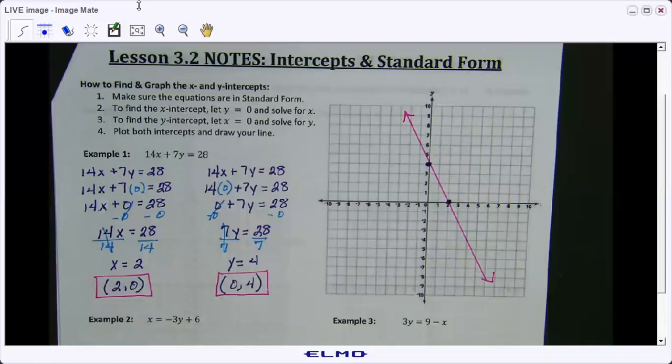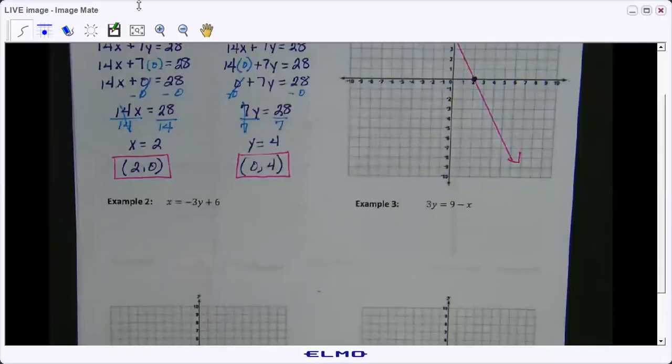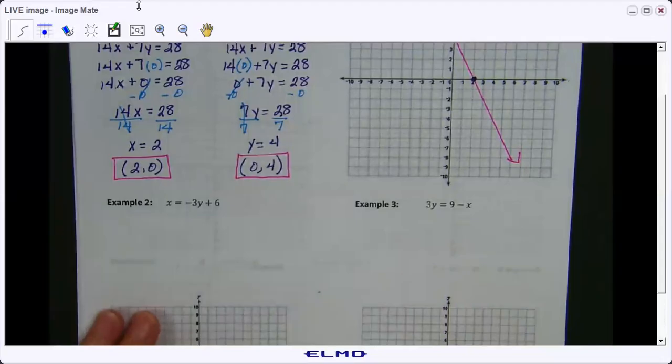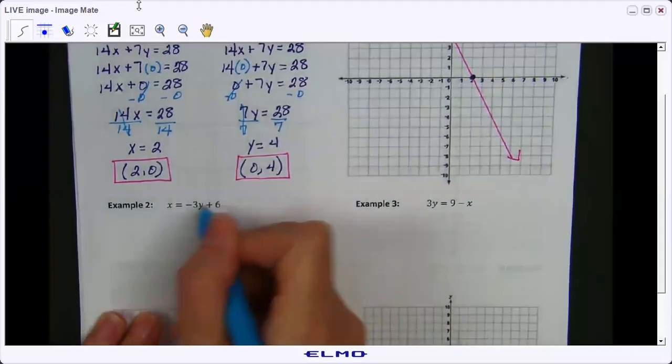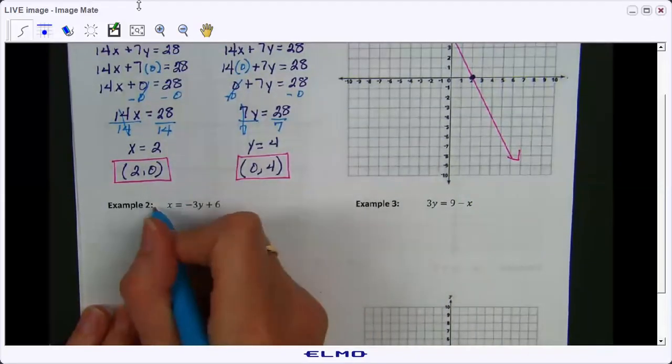All right, let's go down to example 2. Our first step tells us we must put the equation in standard form. So we have to put this one in standard form. What are we going to do? Yeah, 6 has to stay over here, and that means that we're going to move the negative 3y over.